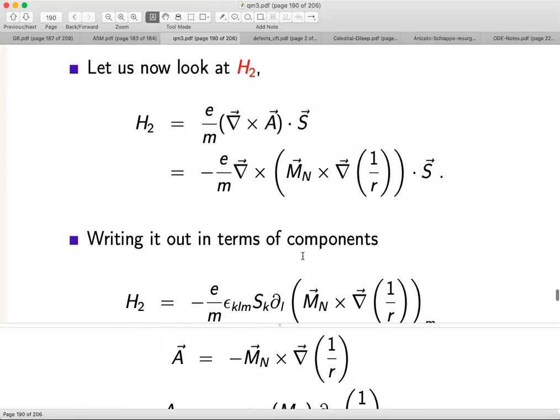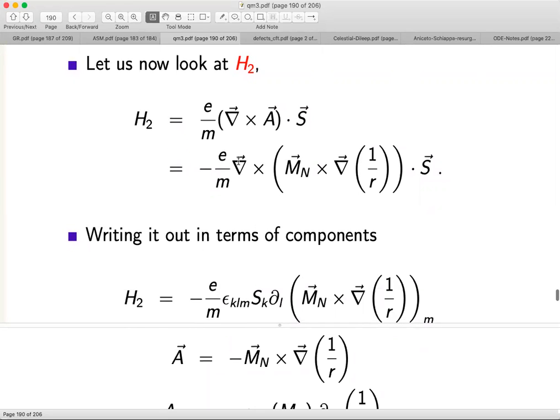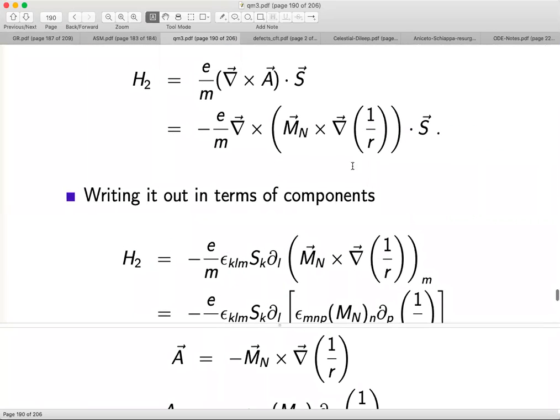Okay, so we can write out these terms explicitly. First let's write out this expression, and you can see that this entire stuff is dotted with s. This double cross product that we have, not triple cross product, whatever, should have an effective index the same as the index that s has.